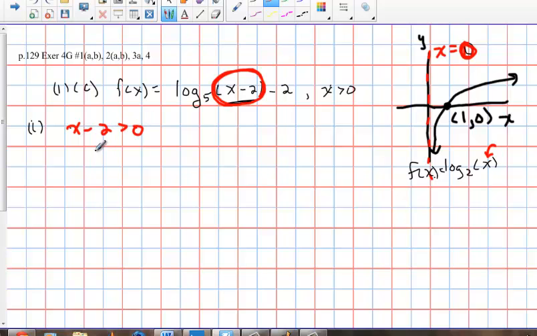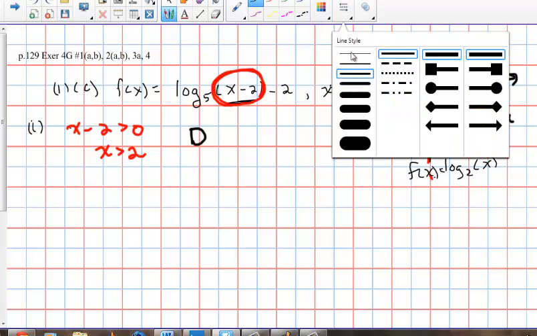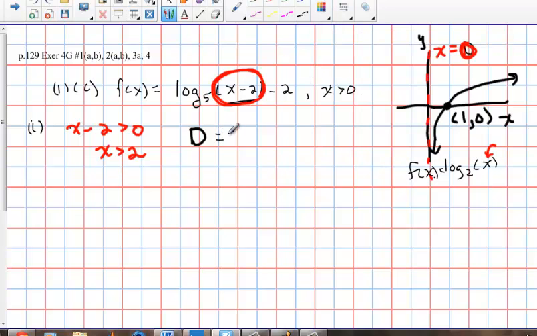It has to be positive. So therefore, the domain is going to be any number which is greater than 2. So we will write that here. So the domain in set notation is equal to x such that x is greater than 2.